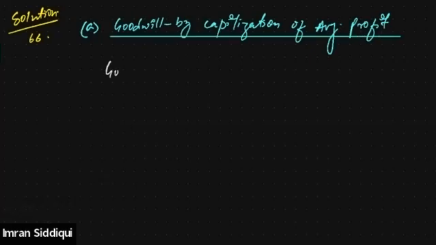The formula is goodwill equals value of the firm minus the capital employed.